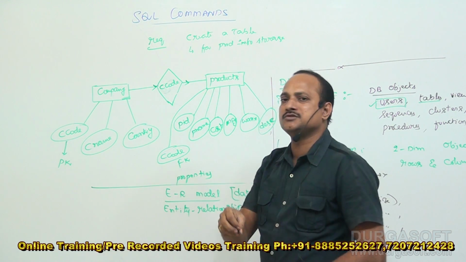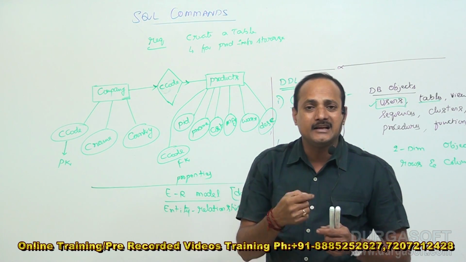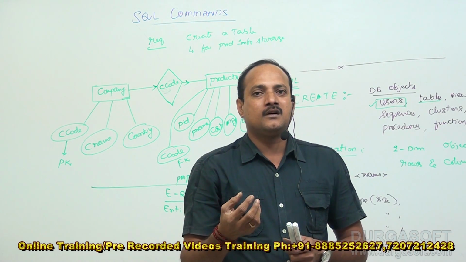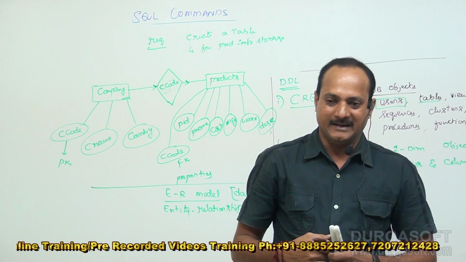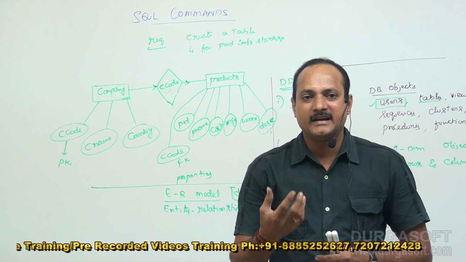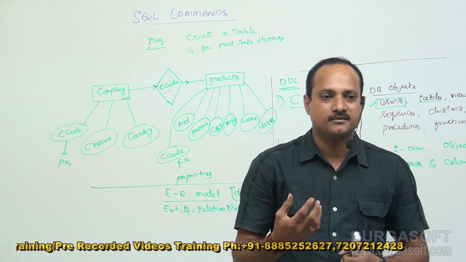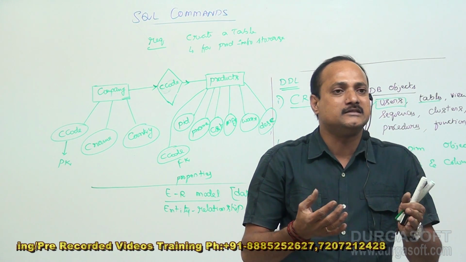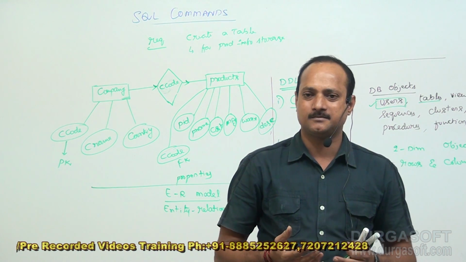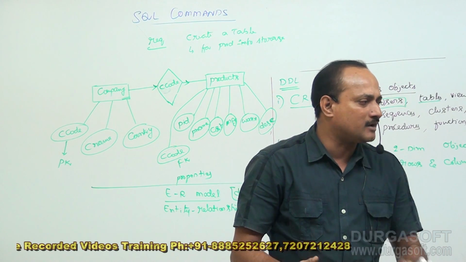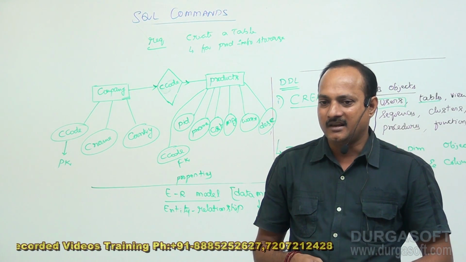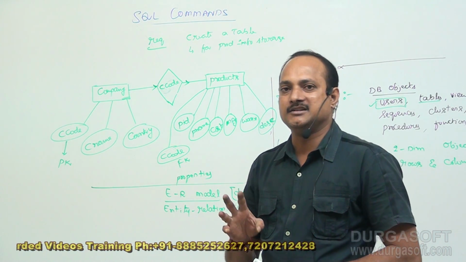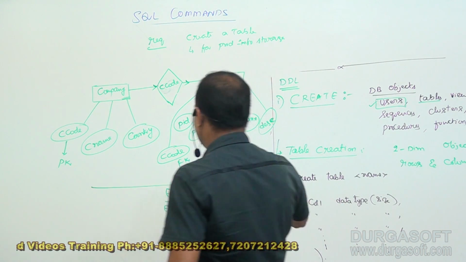What is it telling you? It is guiding you how many tables you have to create. Before creation of a table, what is the name of the table you have to consider? What are the names of columns you need to consider? Everything it will guide you through this diagram.